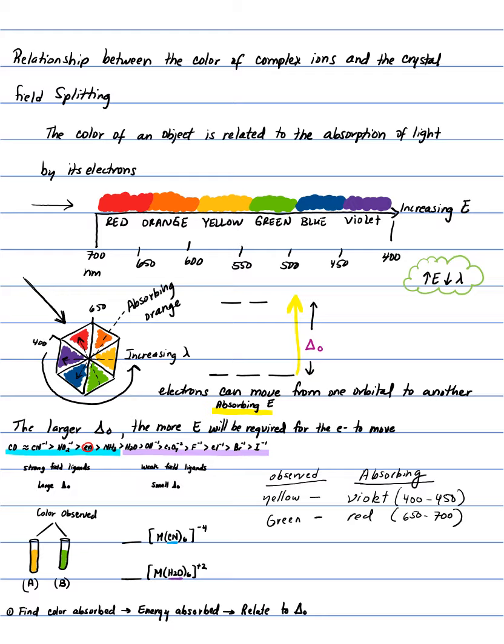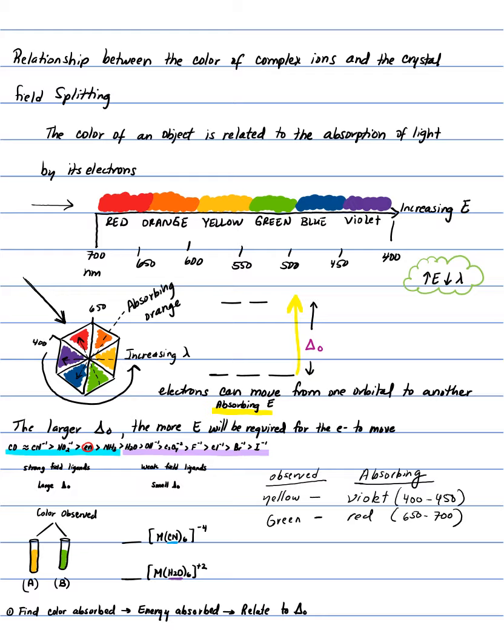So now these colors are related to amount of energy, and the amount of energy is related to the splitting. So I have the violet color as a larger amount of energy related to it. You can look at that in the sketch that I have right there, where I'm starting in red, orange, yellow, going all the way to violet, and it's telling you increasing energy as you move from the red towards the violet.